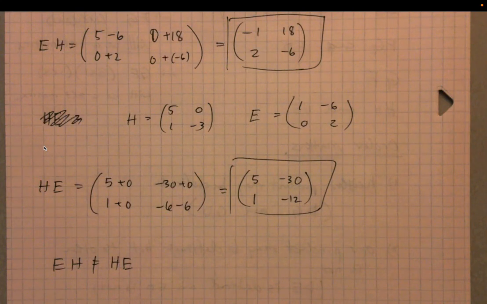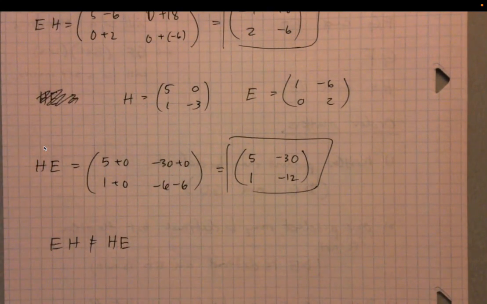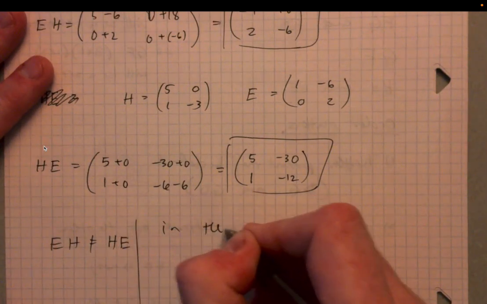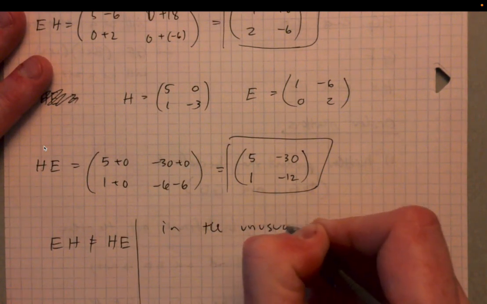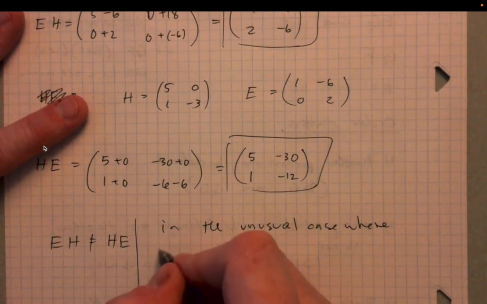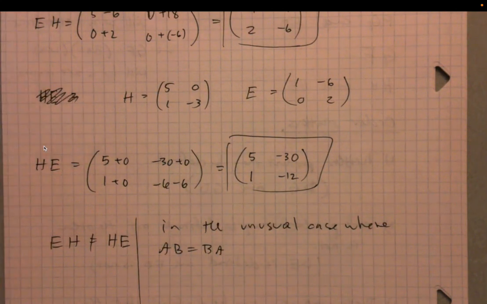Right, and so most of the time this is the case. Most of the time, even if both products are defined, the two matrices are not equal. Okay, so in the unusual case, however, where AB equals BA, we say that A and B commute.